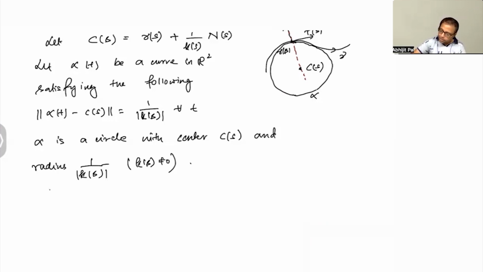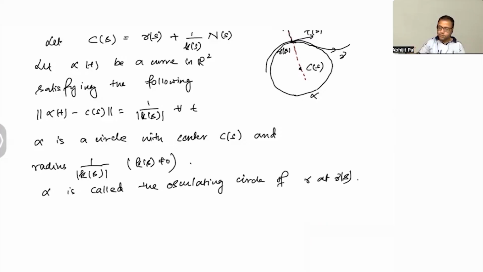So this alpha is called the osculating circle of gamma at gamma s. Okay, so this is the definition of osculating circle.